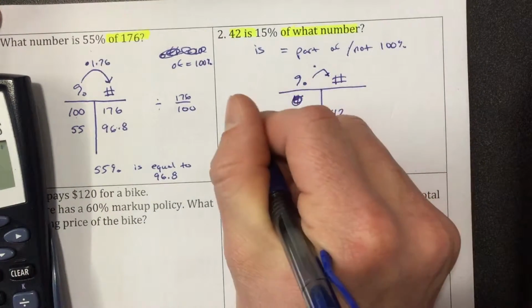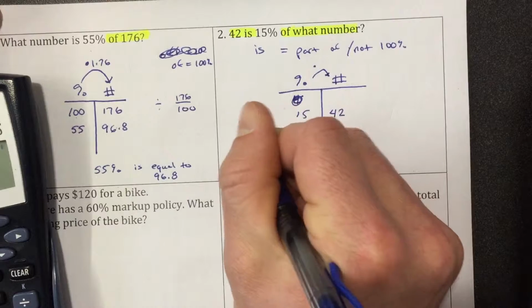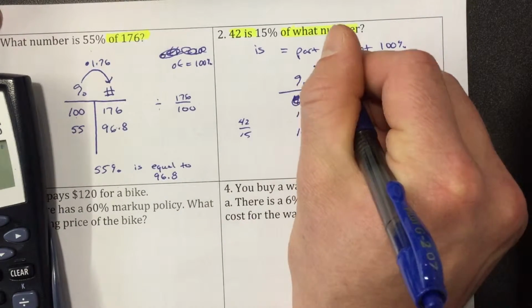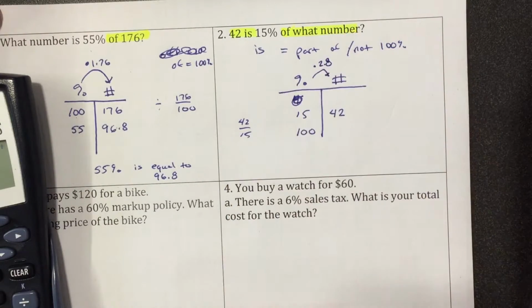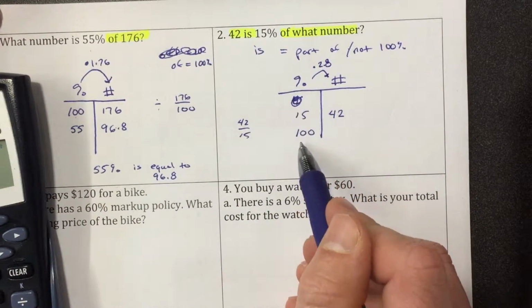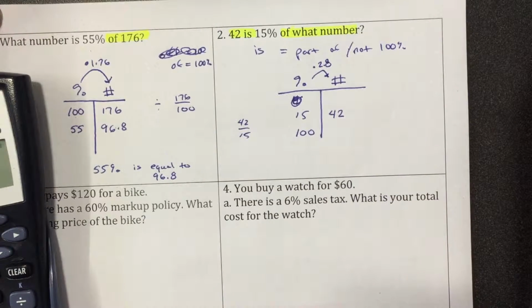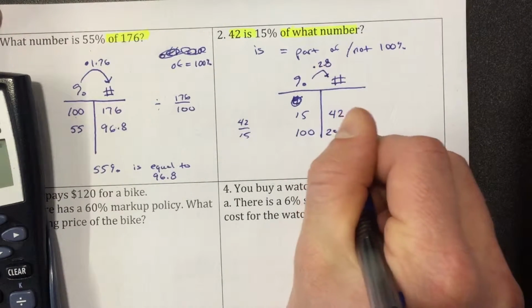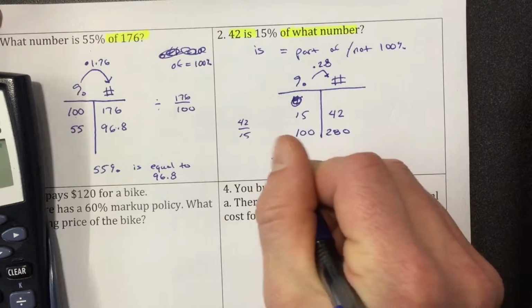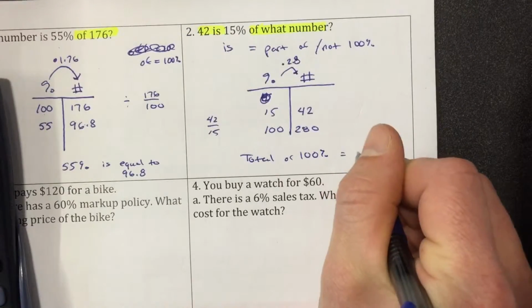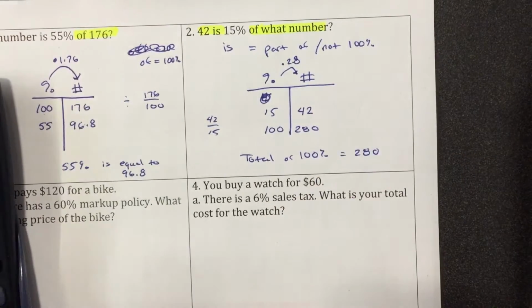So divide 42 by 15, and I get 2.8. So I'm just going to multiply 100 times 2.8 to move over here. 280. So the total, or 100%, equals 280.